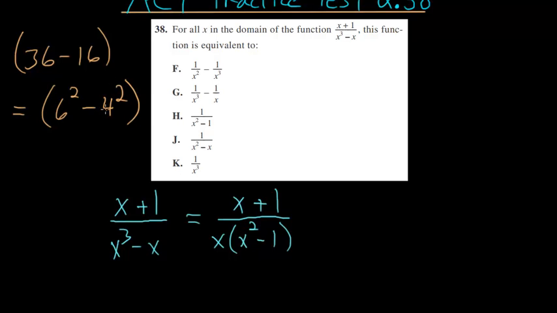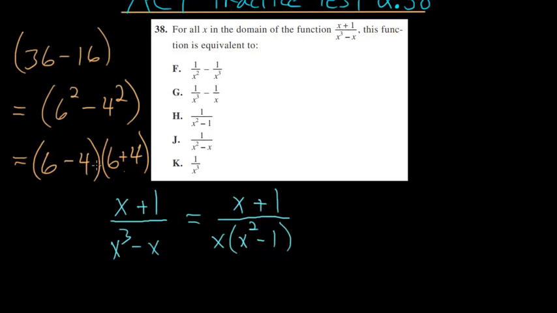Anytime you see this difference of two squares, since we're subtracting, you can factor it like so. You have 6, now written unsquared, minus 4, times 6 plus 4.